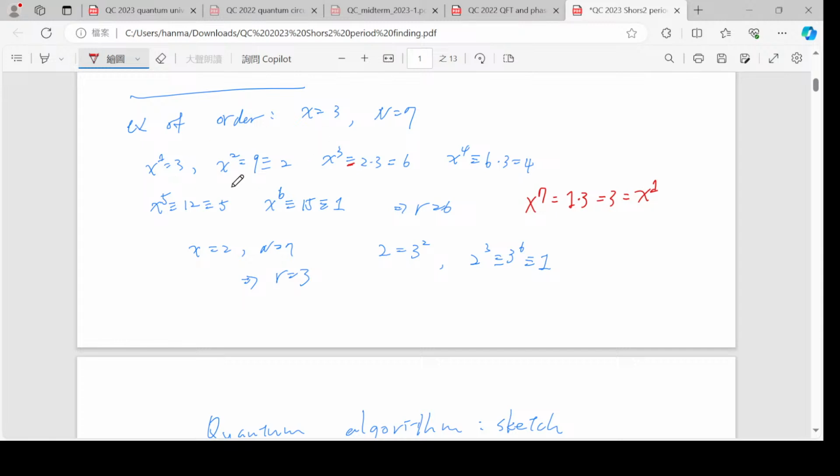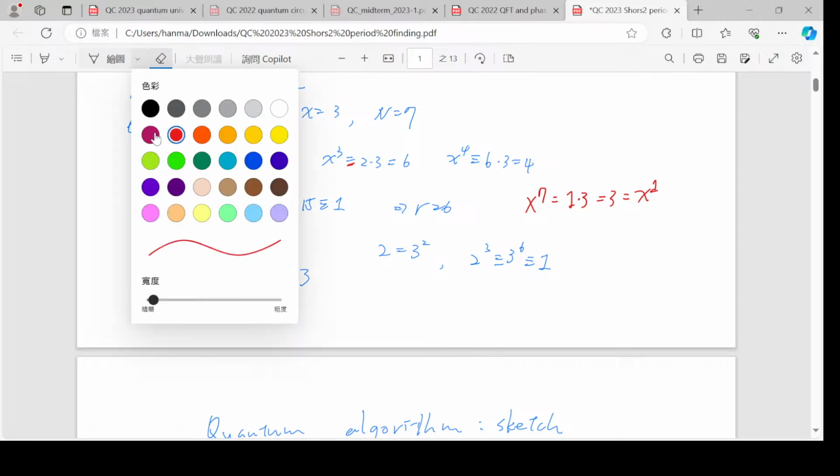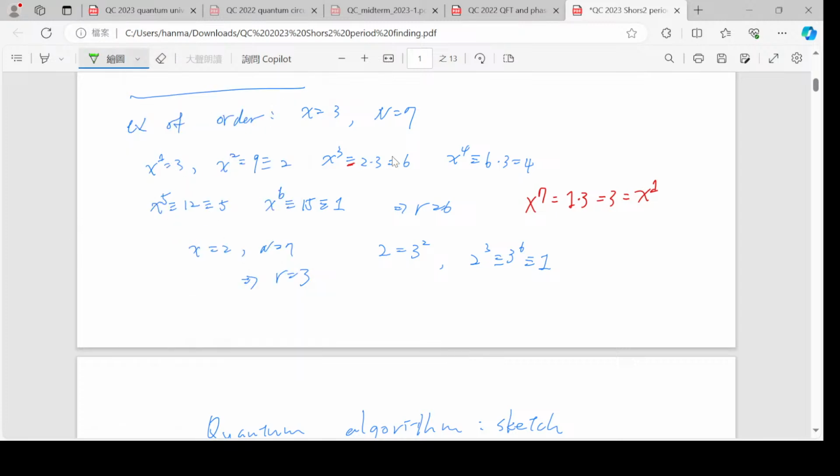So for the xn example here, we know x itself is 3, and let's use maybe green here. For this example, we know there are 6 different powers of x that will cycle through as you keep multiplying by x. So like a 3 here, and a 2 here, and a 6 here, 4 here, 5 here, and a 1 here.